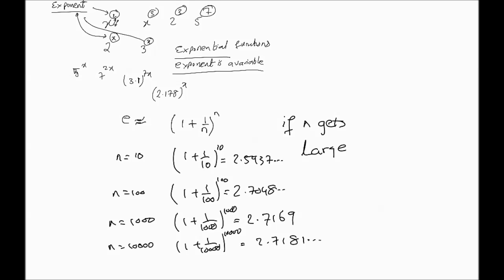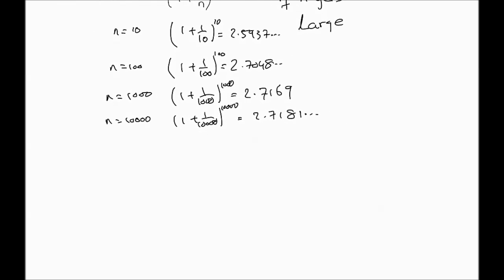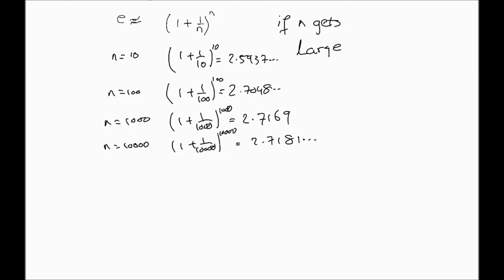So as n gets larger and larger, you can see that the value is settling down. It actually is telling us that e has a certain value, and that's what I'm trying to show here. So e is approximately 2.71859, and it goes on and on.